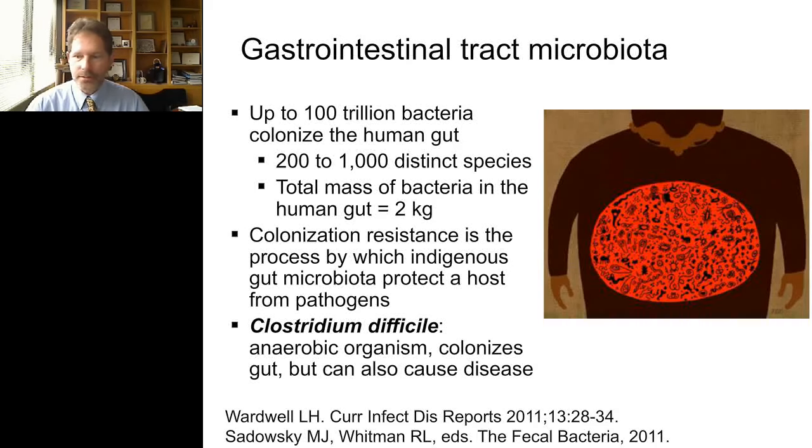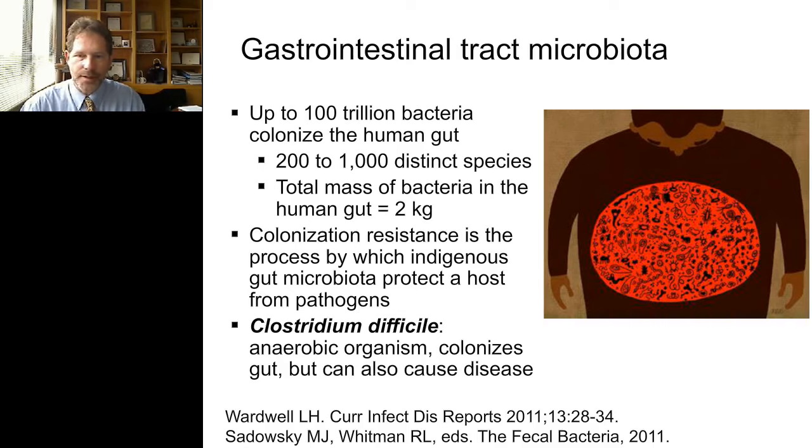So now I want to spend the rest of the time talking about the microbiota of the gastrointestinal tract. The GI tract is probably the richest bacterial reservoir in the human body. Up to 100 trillion bacteria colonize the human gut, up to 1,000 distinct species.